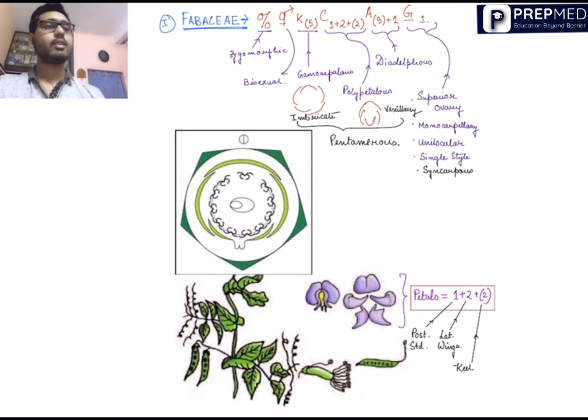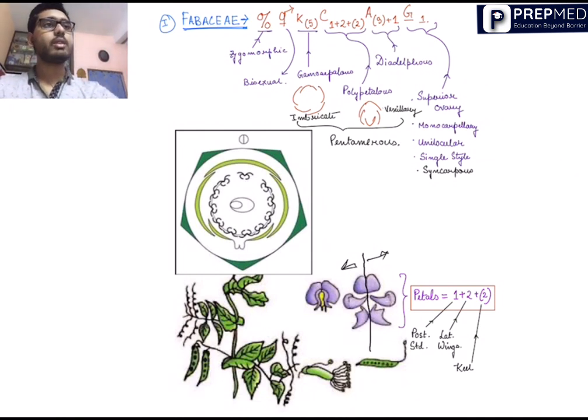syncarpous. Here the petals, you can see, are 1 plus 2 plus 2. And here, as you can easily see, they have a bilateral symmetry. Bilateral symmetry.